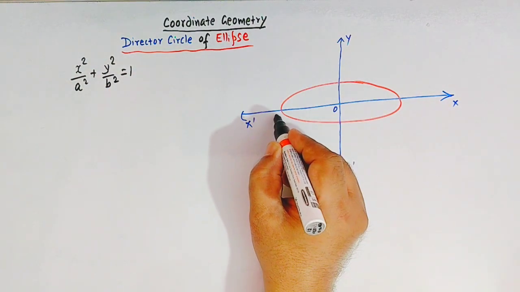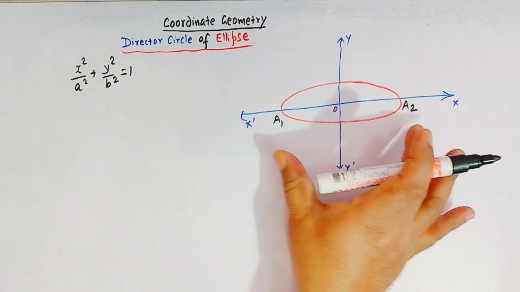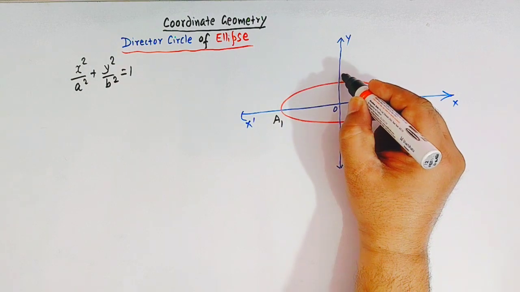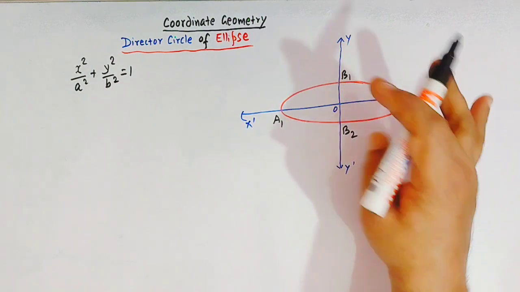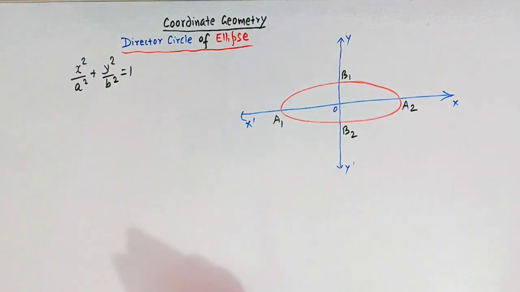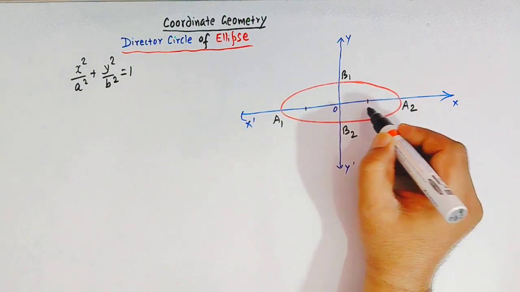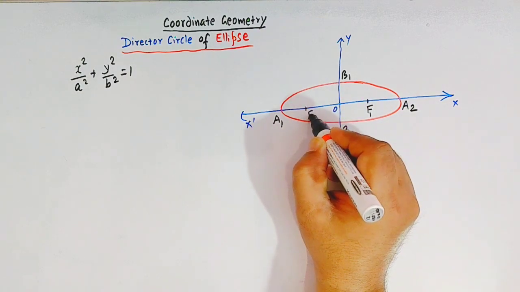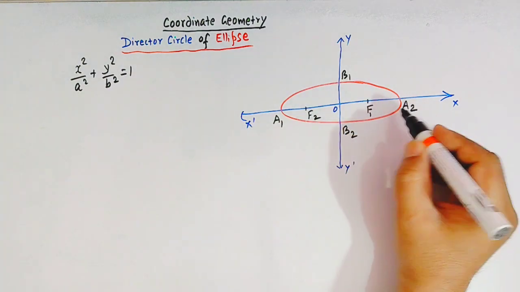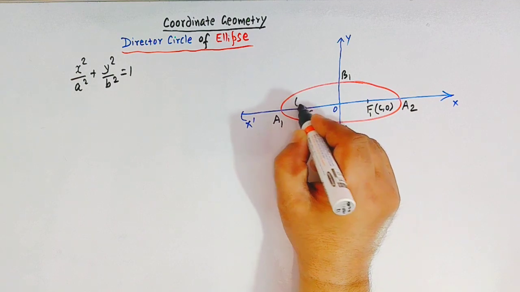If we take this point as A1 and this point as A2, this is the major axis, and if we take this point as B1 and this point as B2, then this is the minor axis. And here we have the two foci, F1 and F2, with coordinates (c, 0) and (minus c, 0), which is the standard notation.